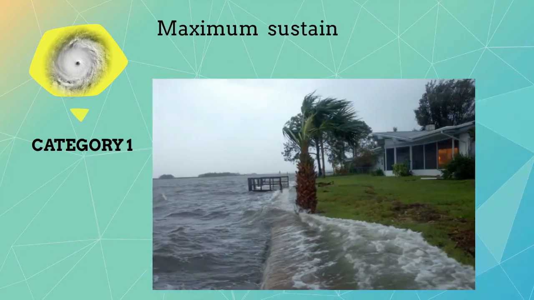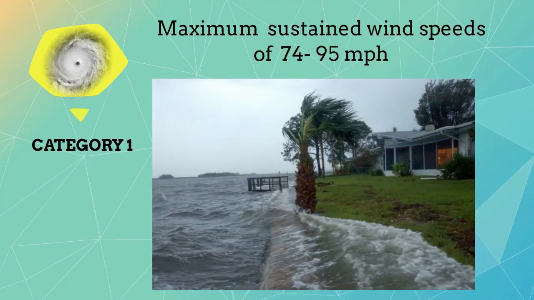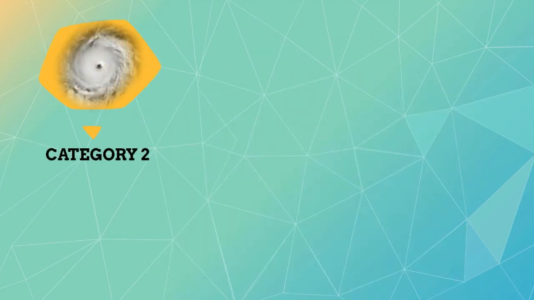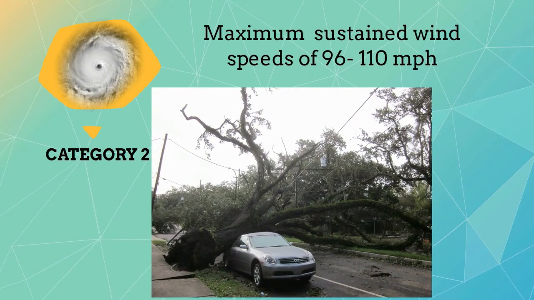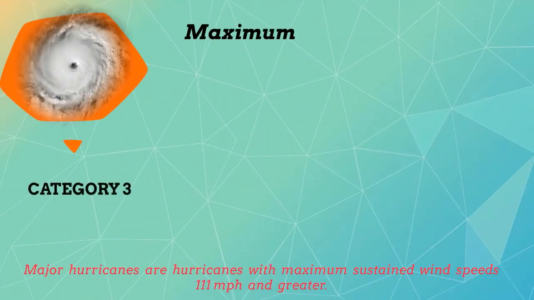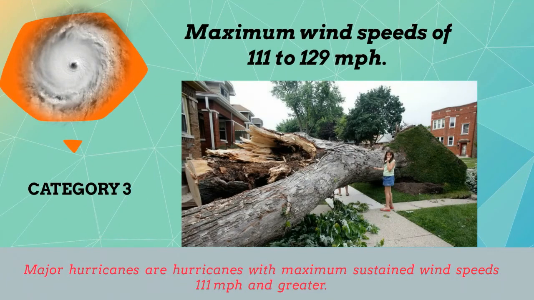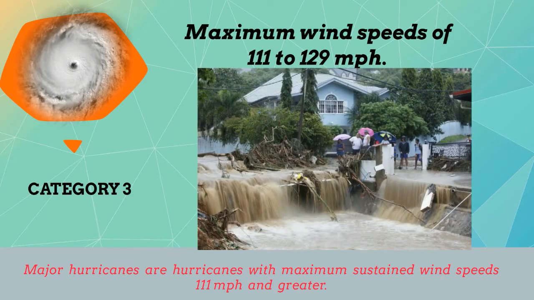Category 1 hurricanes have maximum sustained wind speeds of 74 to 95 miles per hour. Category 2 has maximum sustained wind speeds of 96 to 110 miles per hour. Category 3 has maximum sustained wind speeds of 111 to 129 miles per hour.